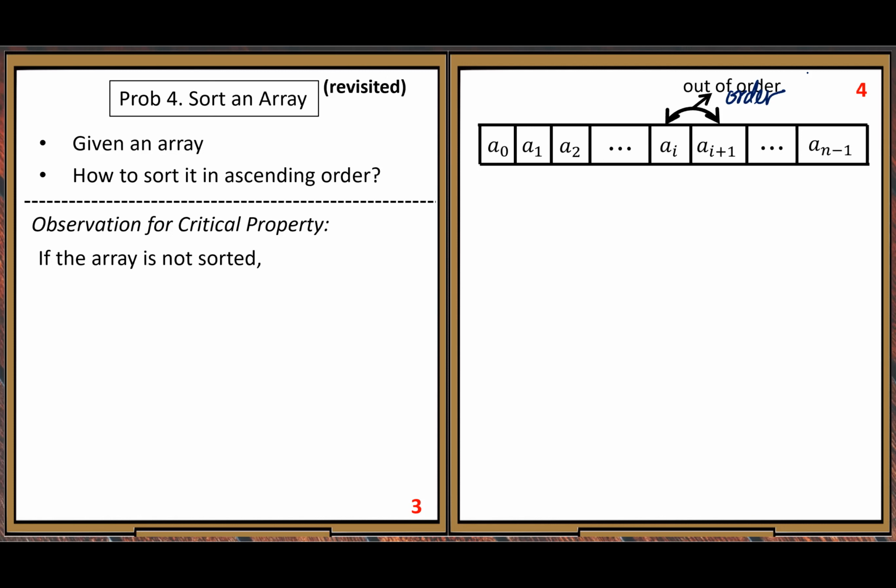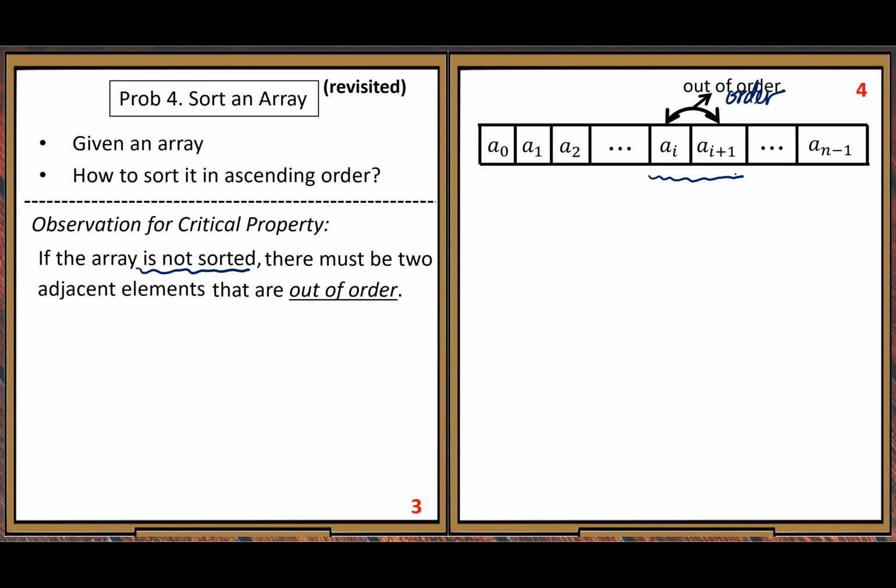If the array is not sorted, we make this assumption, then there must be two adjacent elements that are out of order. This is the property we discovered.